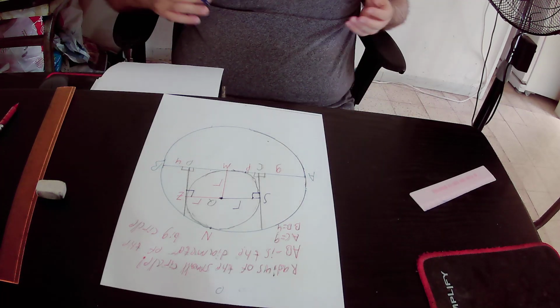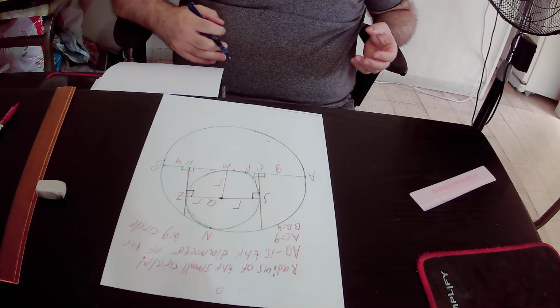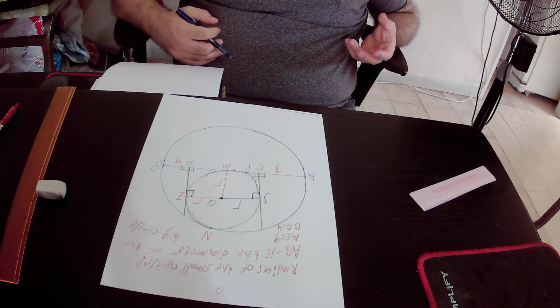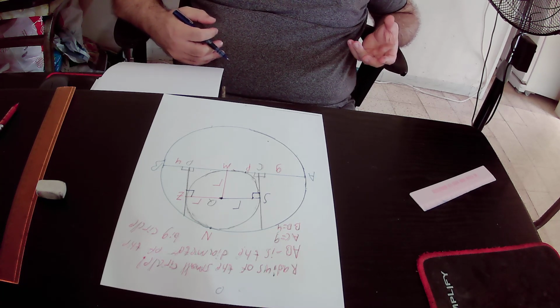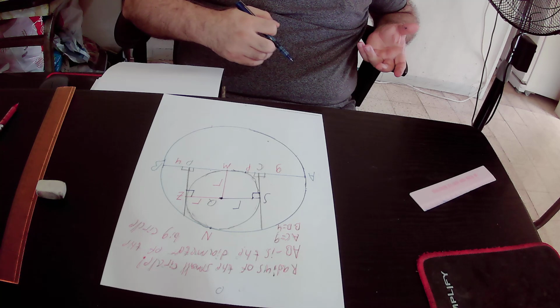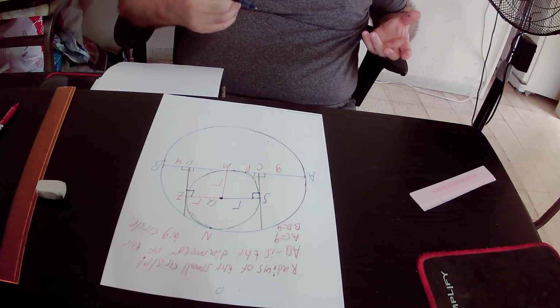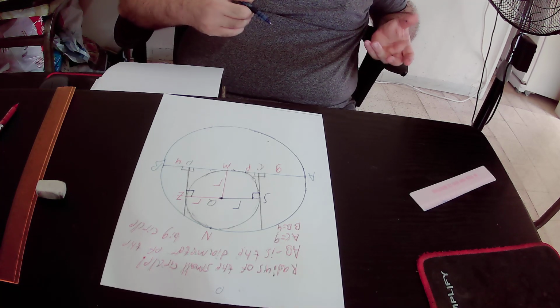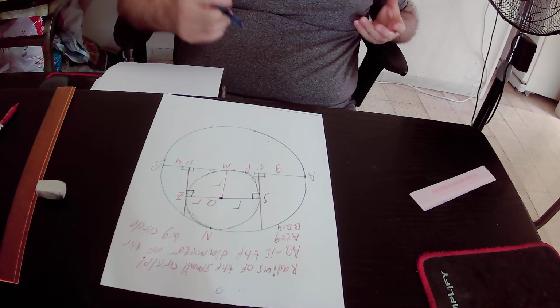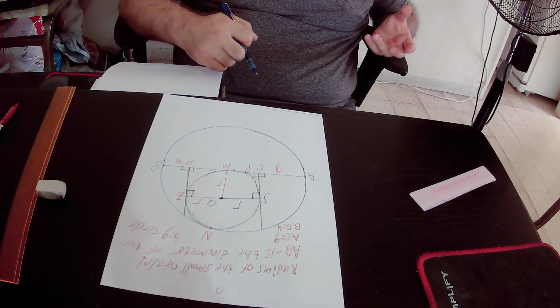Again, whenever you draw a radius to the launch point, it touches the launch point, then that radius will be perpendicular to its tangent, or the tangent will be perpendicular to that radius. It is the same thing to say that the radius is perpendicular to the tangent, or the tangent is perpendicular to the radius.